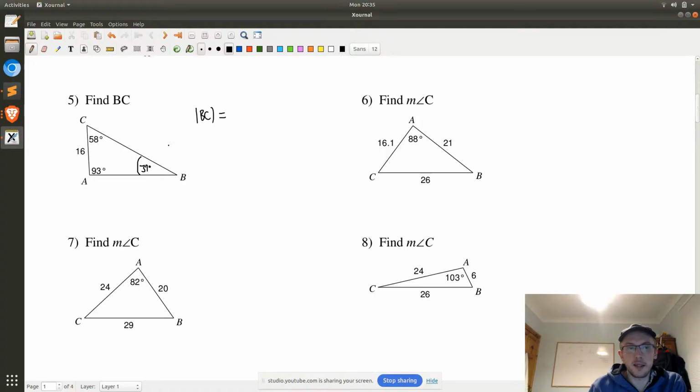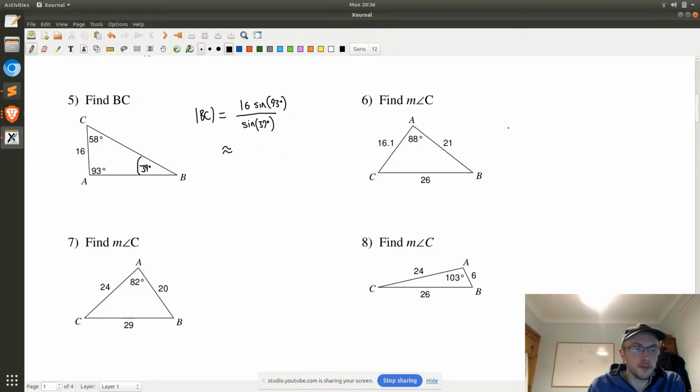The length of BC over the sine of 93 is the length of 16 over the sine of 39. So bring that up. Good.